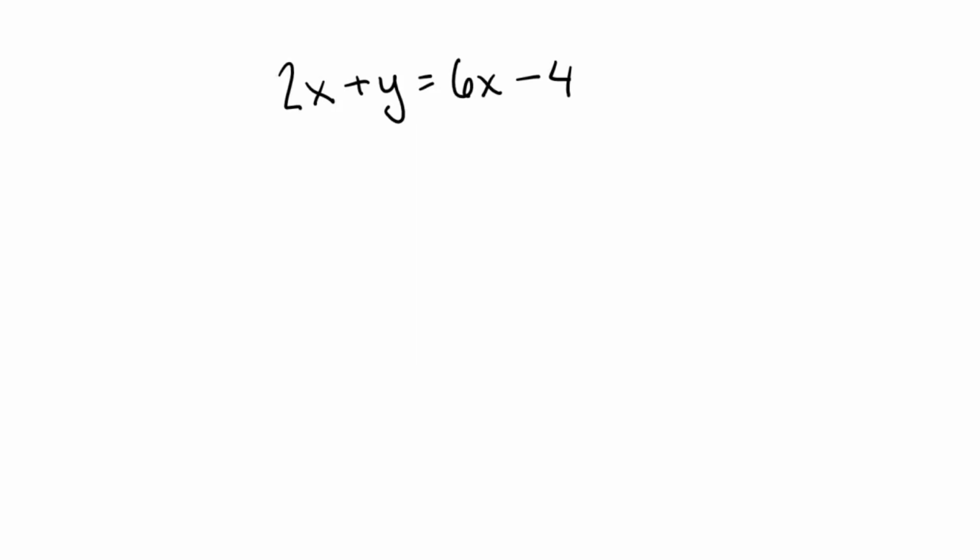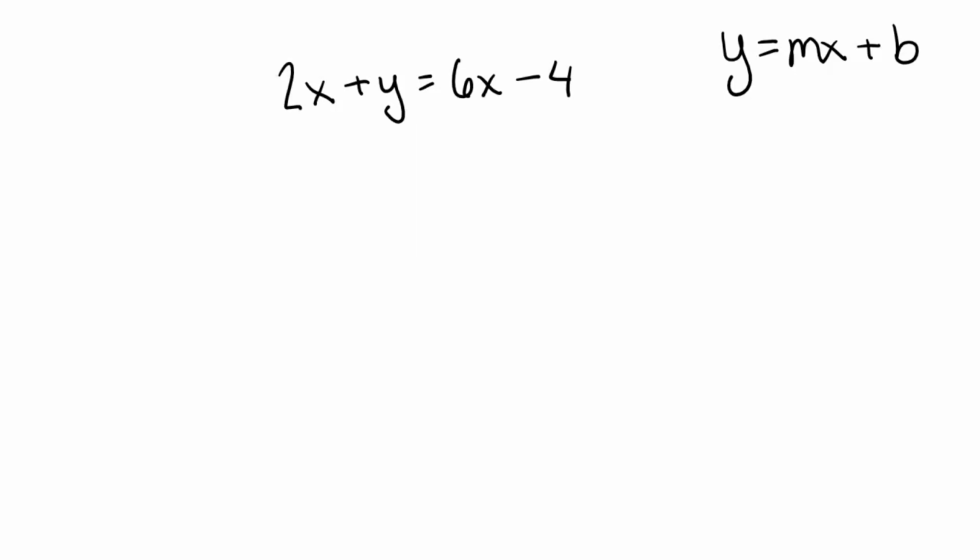Just to remind you, I'm going to write it off to the side. Slope-intercept form is y equals mx plus b. So it should look like that, where the y is by itself, and then on the other side of the equal sign, we have a number with x, and then plus a constant.